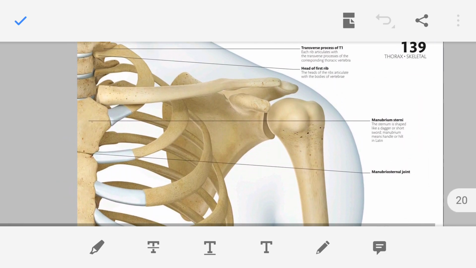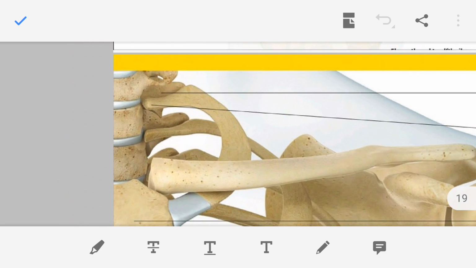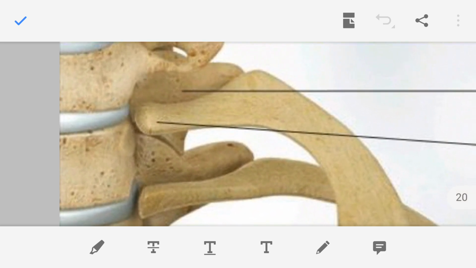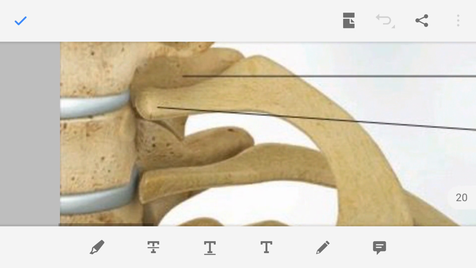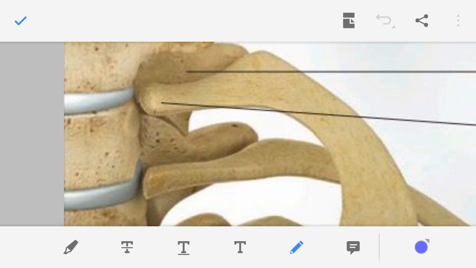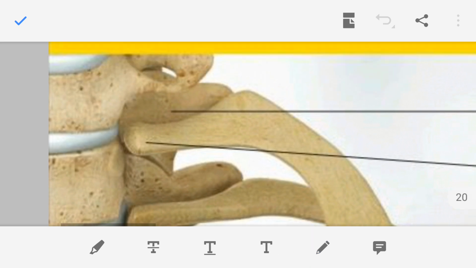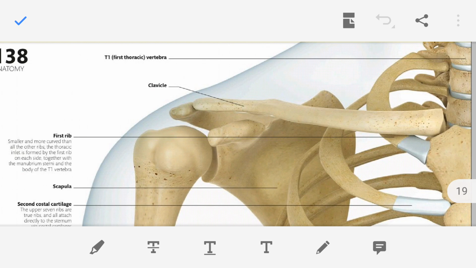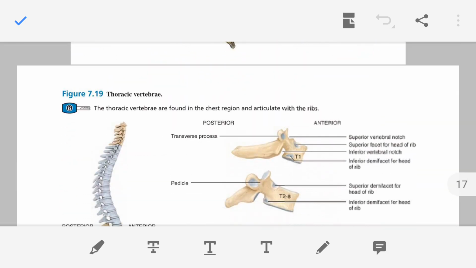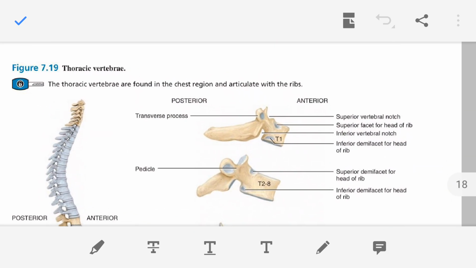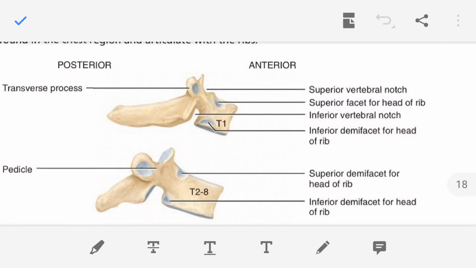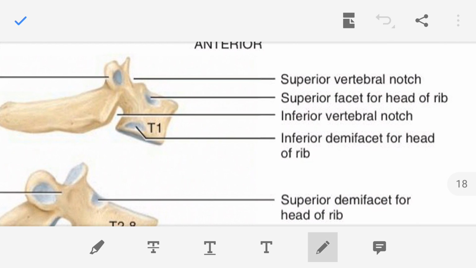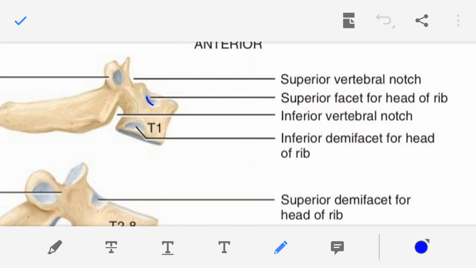Now you are having the first rib. I am zooming this. First let's see the vertebra so that you can get a clear picture about the facet and demifacet. So right now you are having the first rib, and when you are going to fit it, you are going to fit it over here.